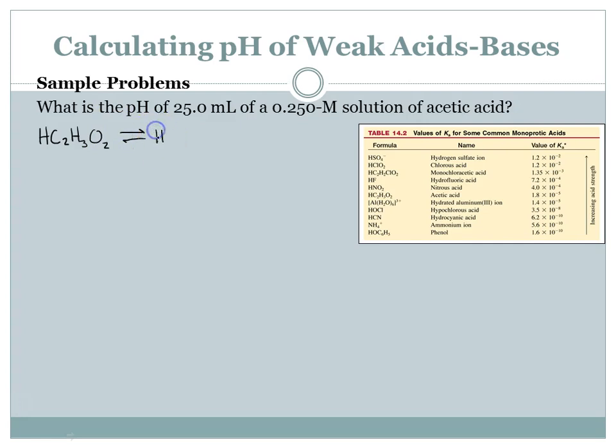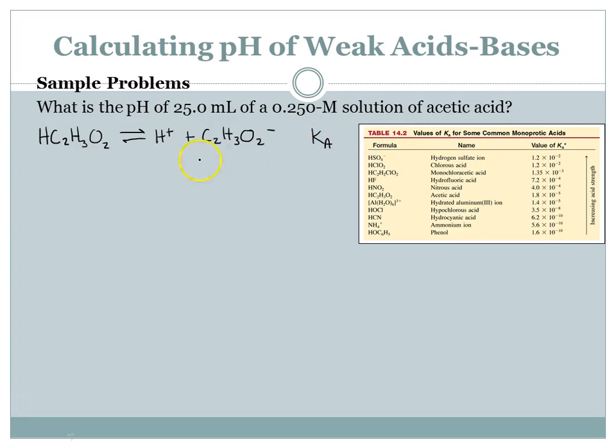It is a weak acid, which means it exists in a state of equilibrium. Okay, so I'm going to write out the dissociation equation and the species that are involved. In a few steps here, I'm also going to be writing out my equilibrium expression. So in this case, my equilibrium expression is going to be a Ka, because we're talking about an acid.